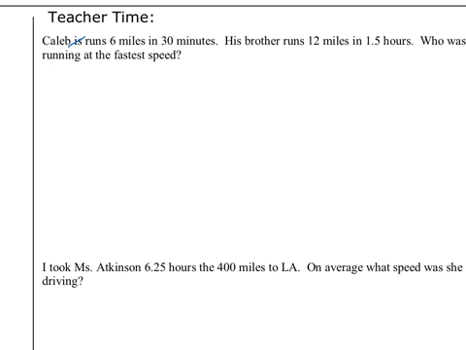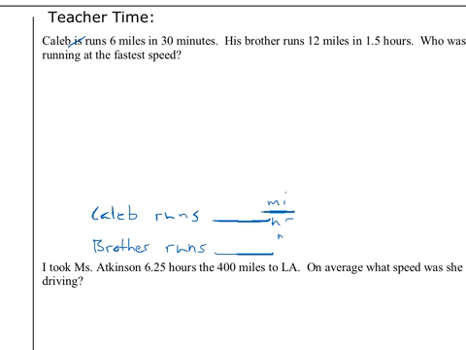So for his answer sentence, Kyrie is going to say Caleb runs blank miles per hour, and his brother, who has no name, his name is Brother. Brother runs blank miles per hour.